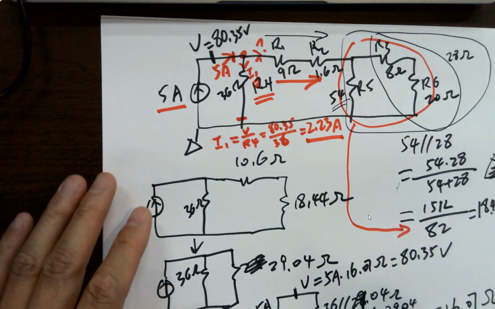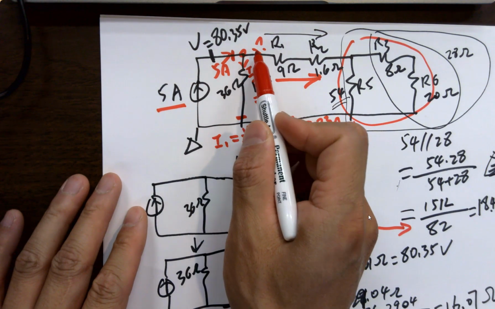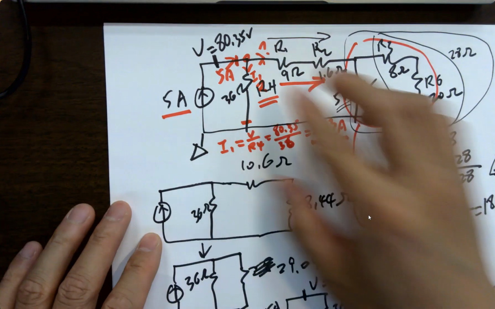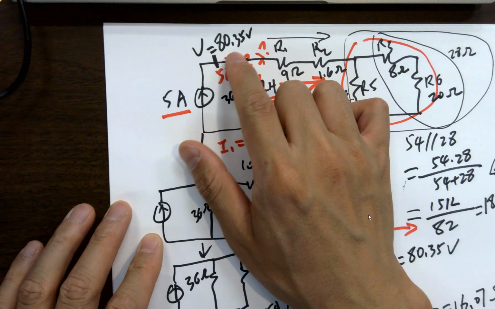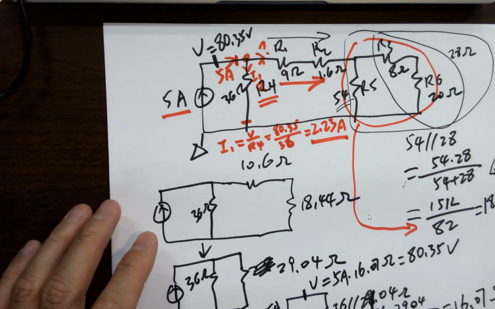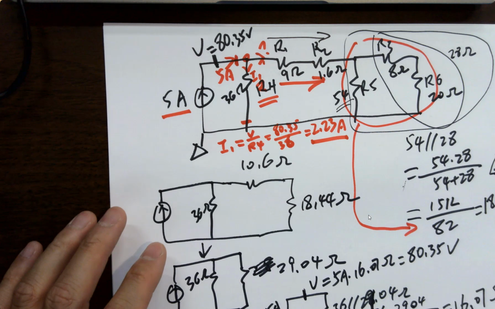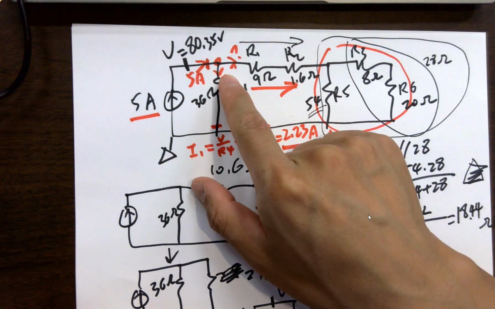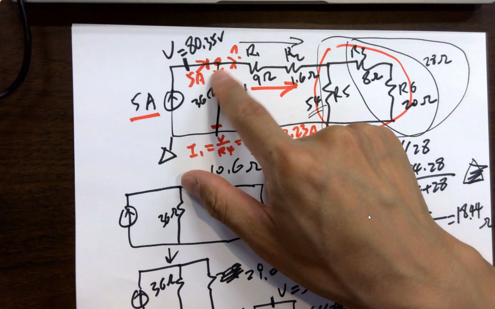According to KCL, right? So current flowing into the node equals the current flowing out from the node. We got two currents flowing out, one flowing in. Still any questions on the KCL? Do you have a question that how do you know that the current is flowing in that direction?